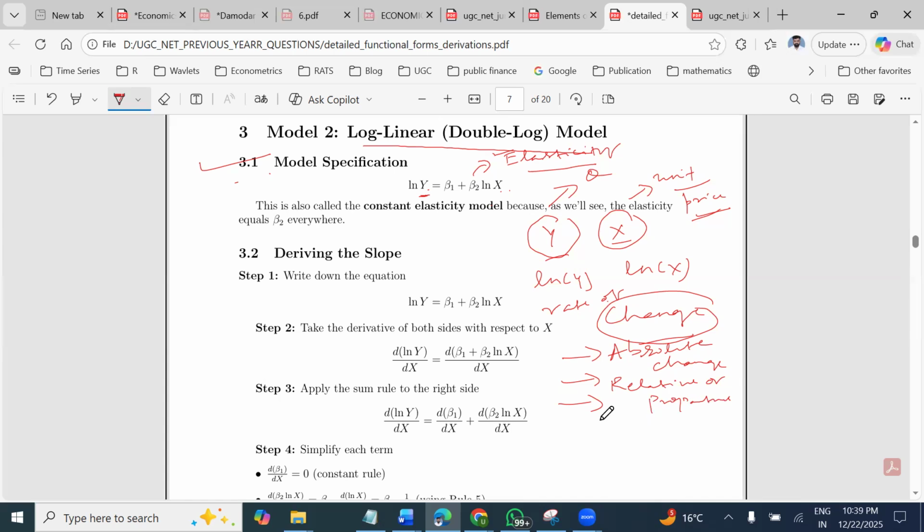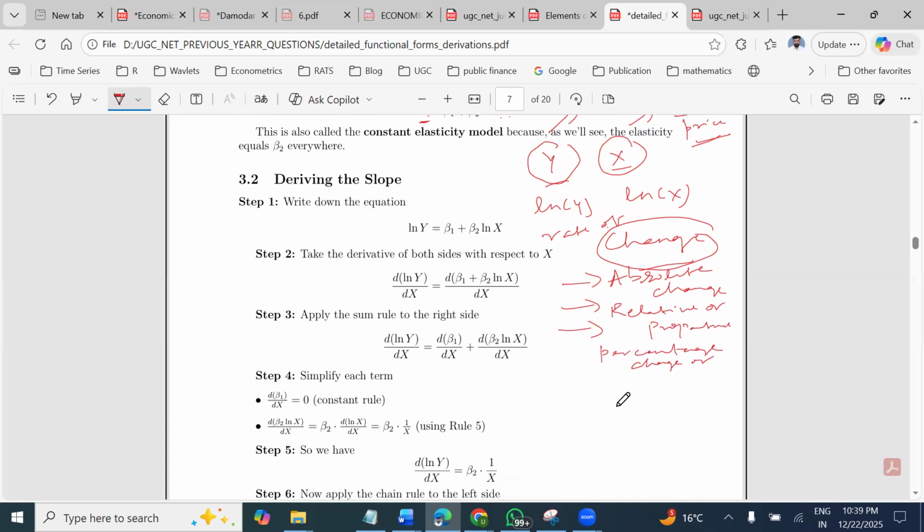It is very clear, crystal clear. Percentage change or percent growth rate. Is it clear? Yes, sir.